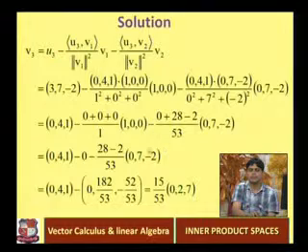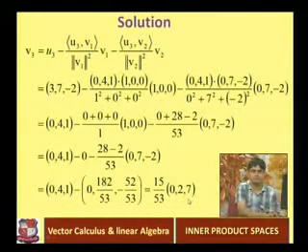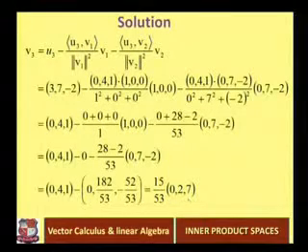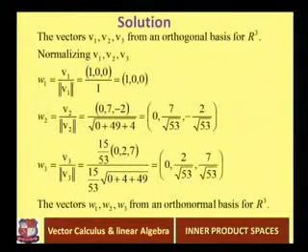After simplifying this whole equation, the final result is 15/53 times (0, 2, 7), and the resultant v1, v2, v3 elements are orthogonal.